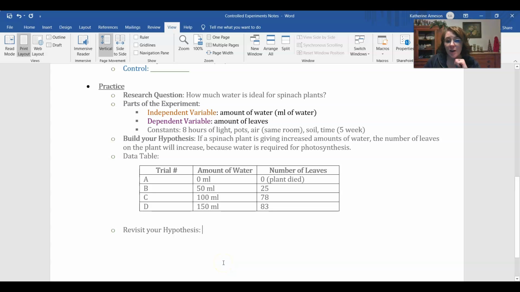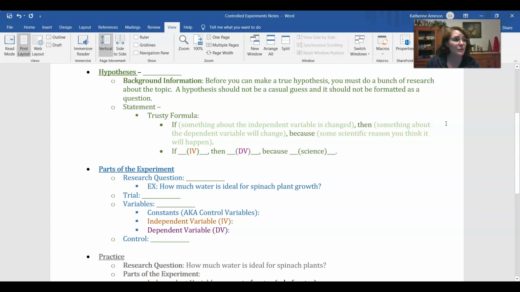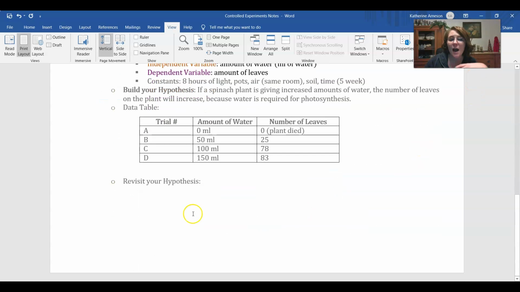There's one more thing that could happen when you're writing your conclusion. Let's say that our experiment goes really wrong. We find out that there was a cat that knocked over our plants and pooped in the soil that is on the floor, and our experiment just totally got messed up. In that case, when we revisit our hypothesis, we don't really know if the water helped or not.